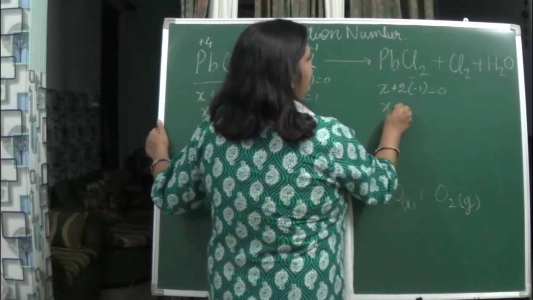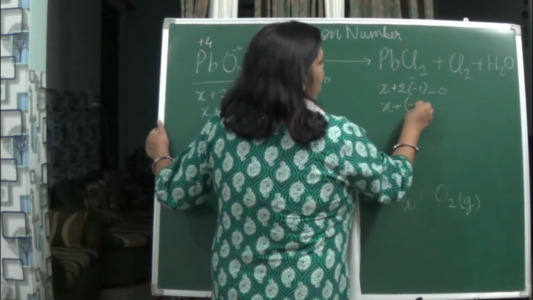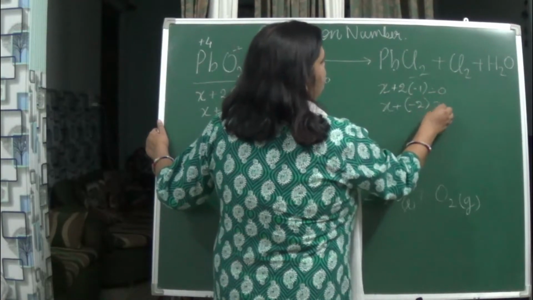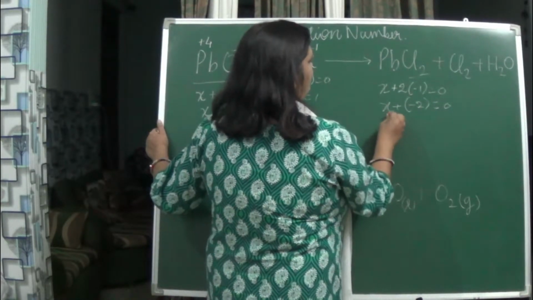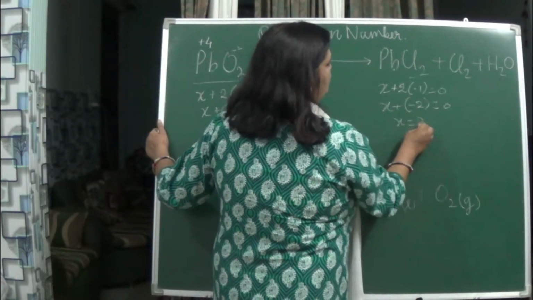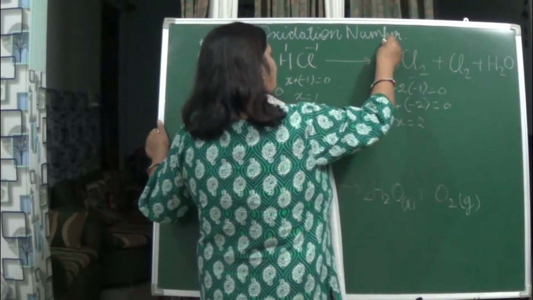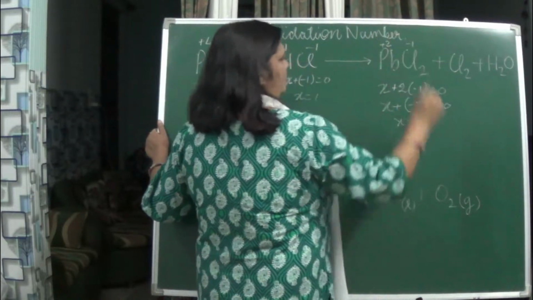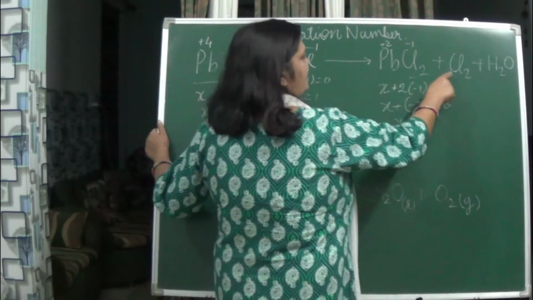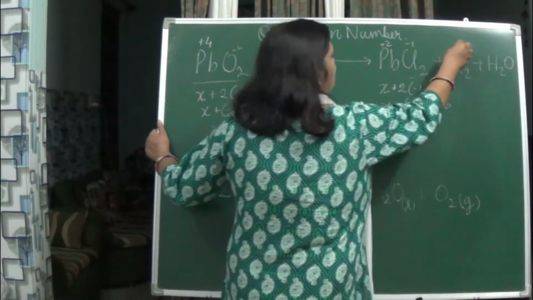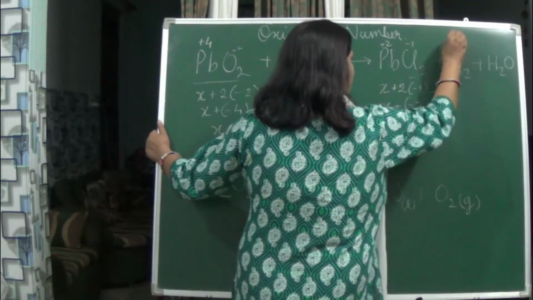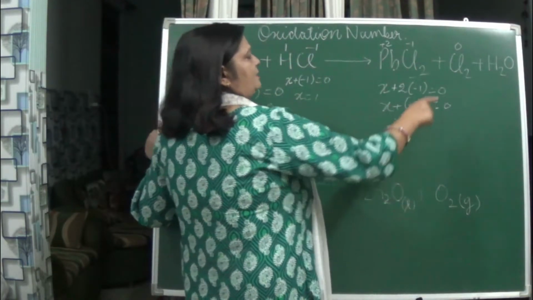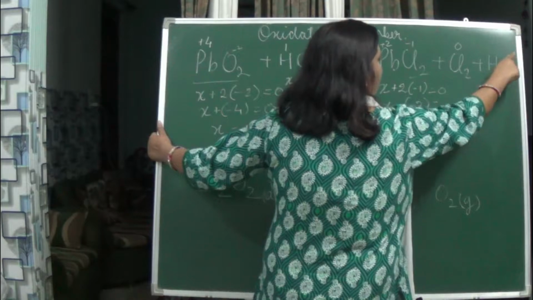Therefore X minus 2 is equal to 0, so X is equal to 2. Lead becomes plus 2 and chlorine is -1. In Cl2, chlorine is present in molecular form, so its oxidation number is 0.